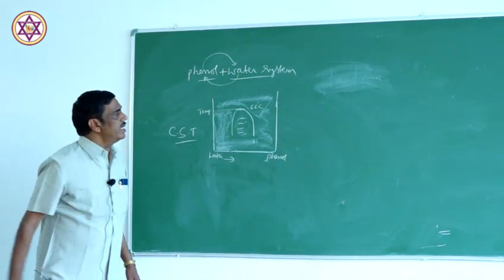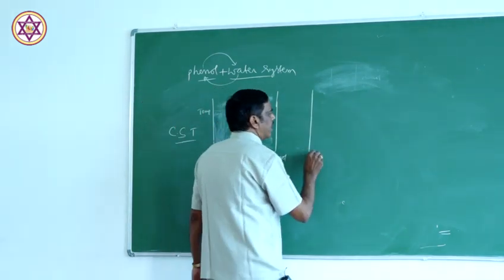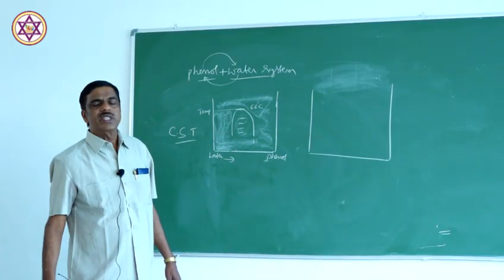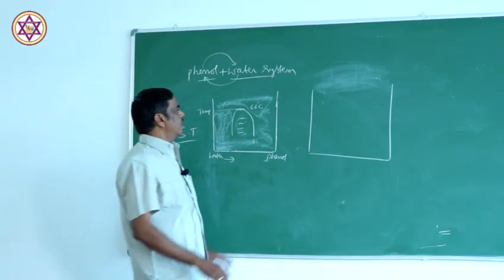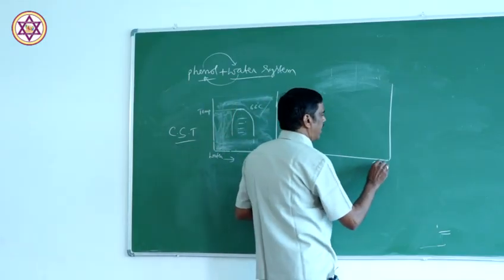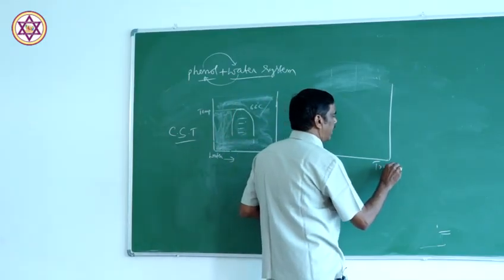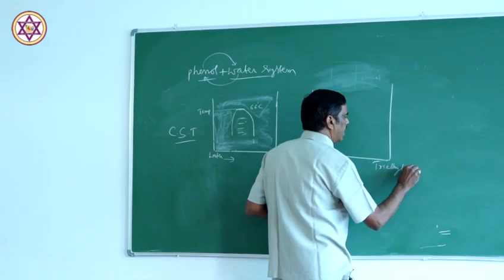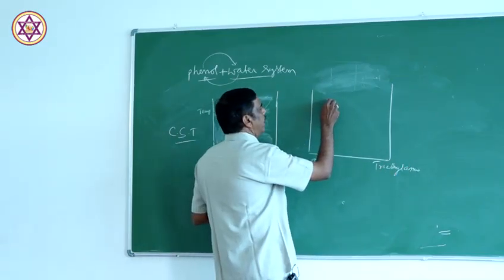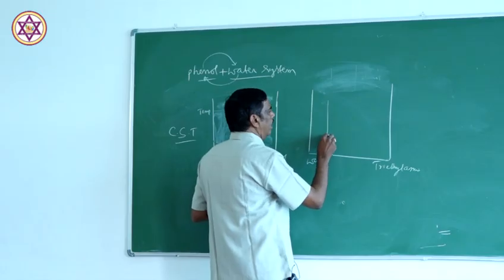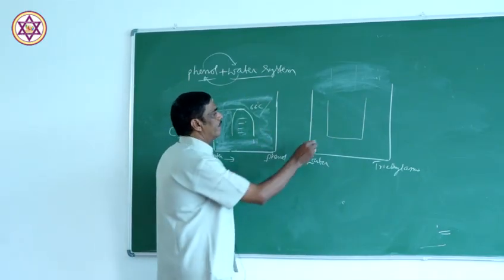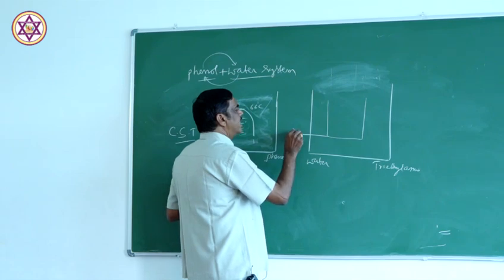Another example is the triethylamine water system. In this system, the condition is different. When you mix water and triethylamine, solubility will be more at lower temperature, at 18 degrees centigrade.